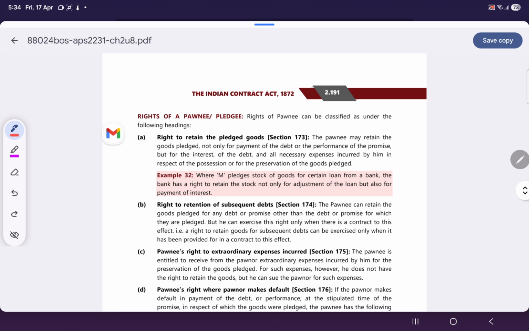Who is pawnee and pledgee? Pawnee and pledgee is the person who has got the goods. Pawner is the person who has given the goods.